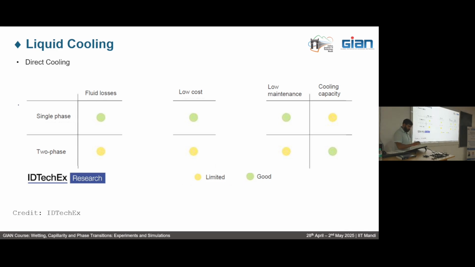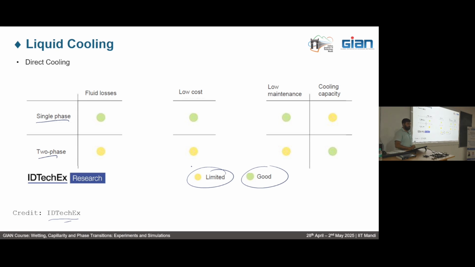This is one of the graphs which I took from IDTechEx's research. This agency does research on the different cooling methods used for data centers and supercomputers, and they have compared the application of single phase and two phase in terms of limited and good. As you can see, in most of the boxes two phase is not good as compared to single phase.